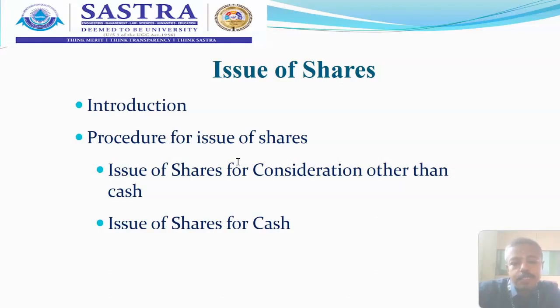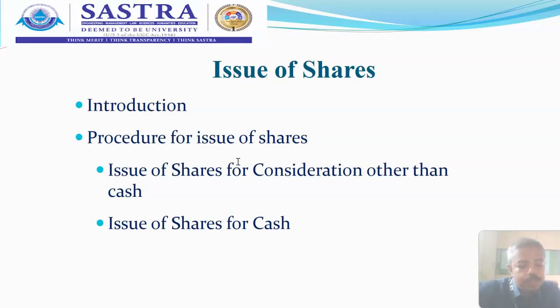Here, the issue price of these shares is normally debited to goodwill account if it is issued to the promoters of the company, or if it is issued to the suppliers, then we debit the concerned asset account, say plant and machinery, land and building account, to share capital account. So here the journal entry would be goodwill account debited to share capital account.